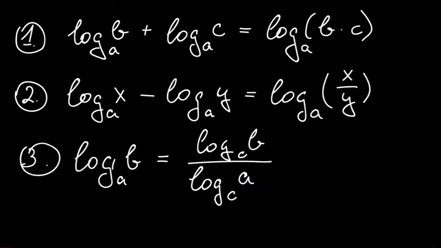Now, to remember this, it's easy to think that we are changing the base and we are moving b, because b is higher than a, to the top and a to the bottom. See? At least that's how I remember it.